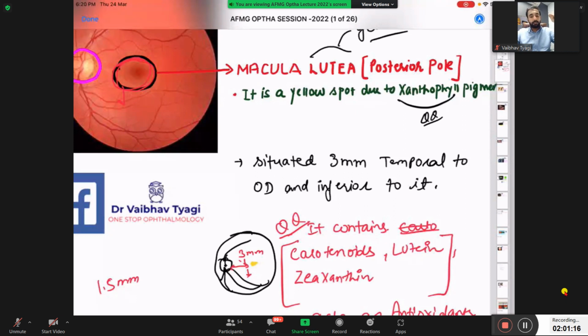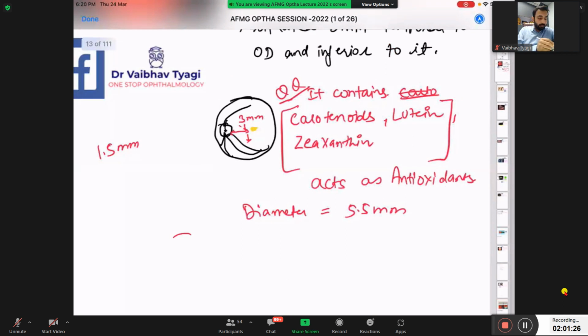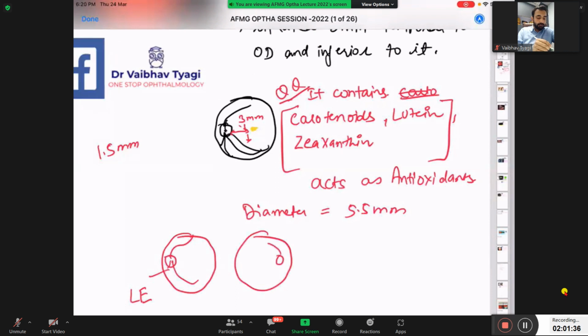Now, if someone asks, is that a left eye? How will you see whether it is the left eye or right eye when you are examining the fundus? Suppose I am seeing this fundus. If the optic disc is on your left side, then it is the left eye. If the optic disc is on your right side, then it is the right eye.